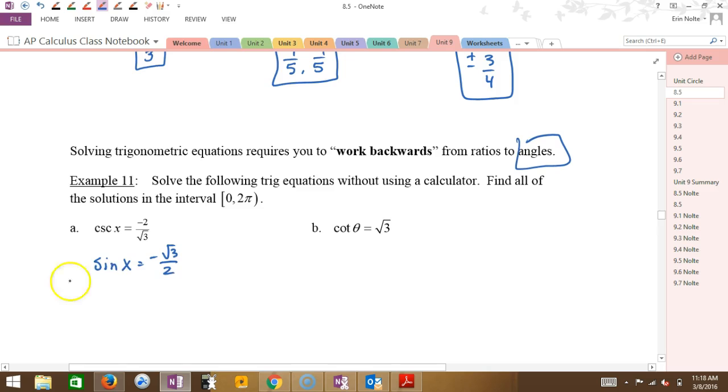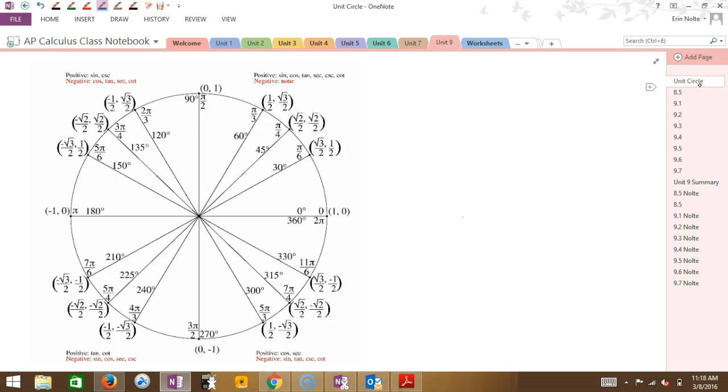Now what I'm thinking about is, on the unit circle, where are the angles where the sine, because it's a y, is negative square root of 3 over 2. If I go to my unit circle and look for the y value to be negative square root of 3 over 2, I see 4 pi over 3, and I see 5 pi over 3.